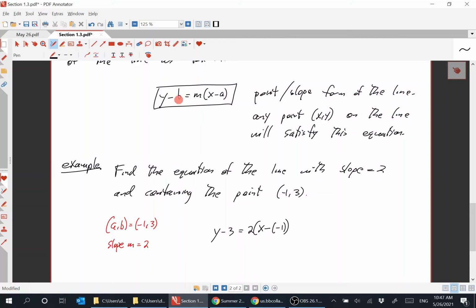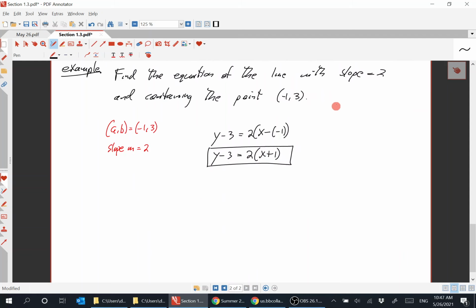It's y minus b is equal to m times x minus a. So cleaning up that expression, we have y minus 3 is equal to 2 times x plus 1.